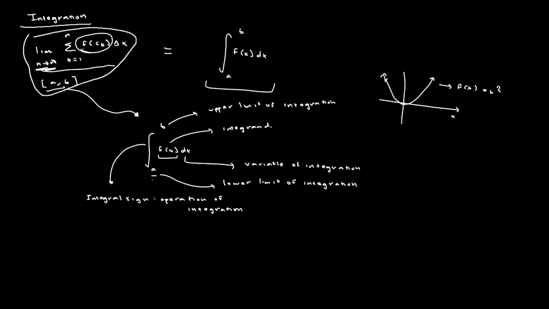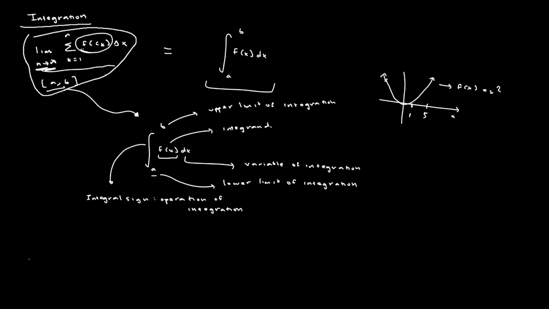If the interval that we're worried about is from some arbitrary a to b, we show it by writing out what the lower limit of the interval is and what the upper limit is. And that defines the range over which we're finding the area. So if we're worried about the interval from 1 to 5, then a would be 1 and b would be 5. So those are all the different parts of the integral.